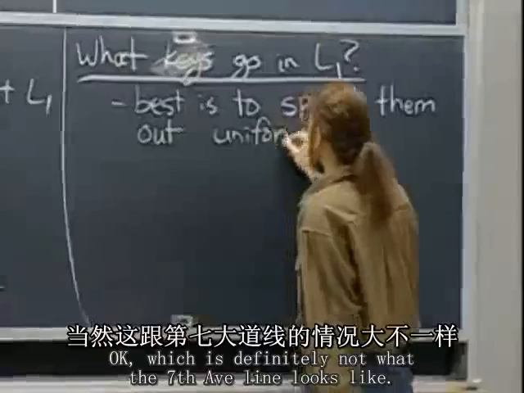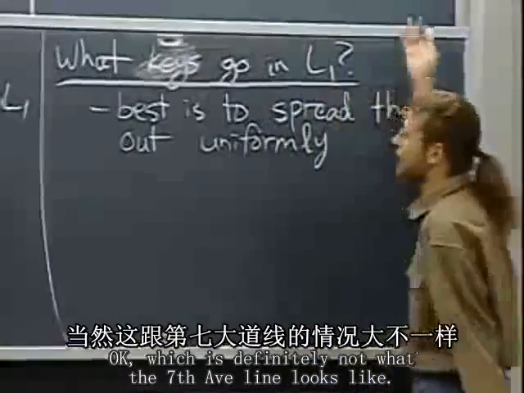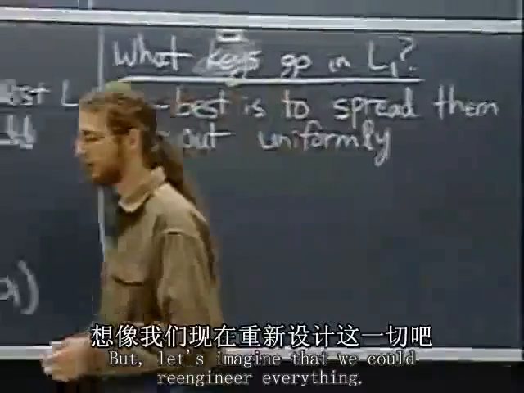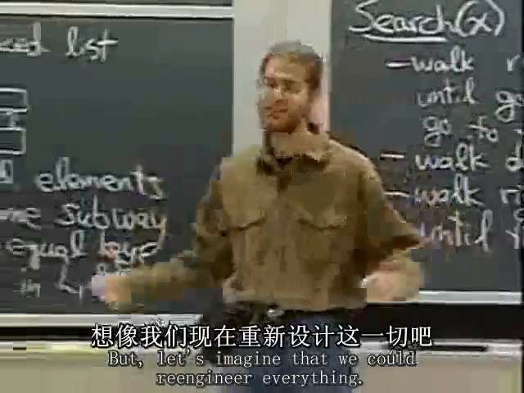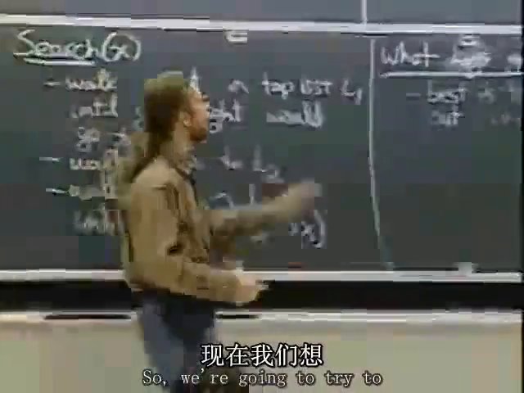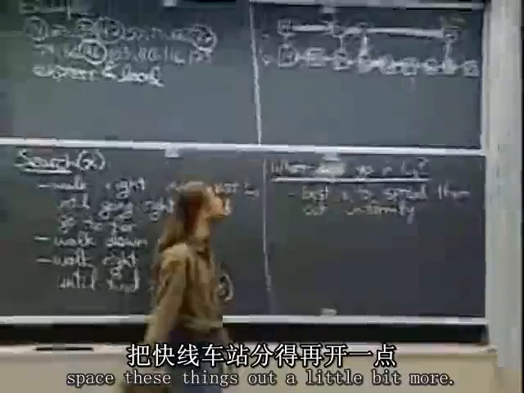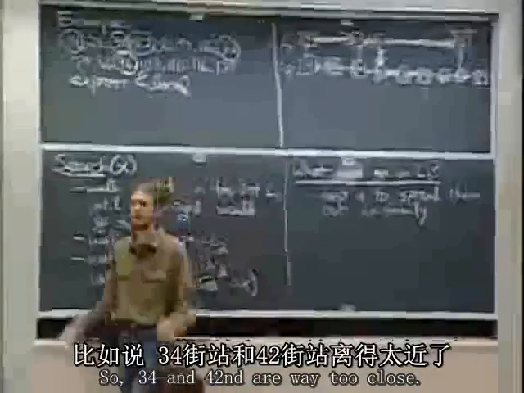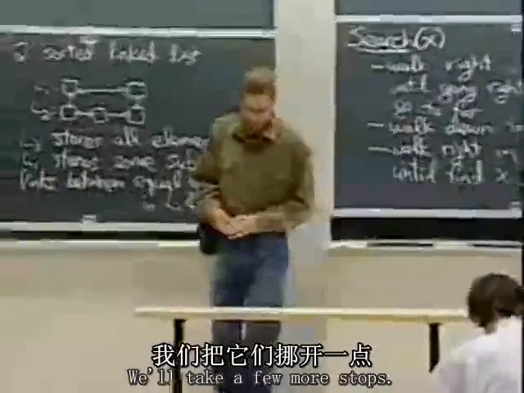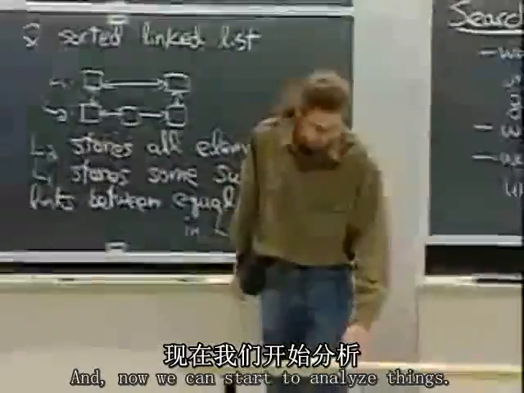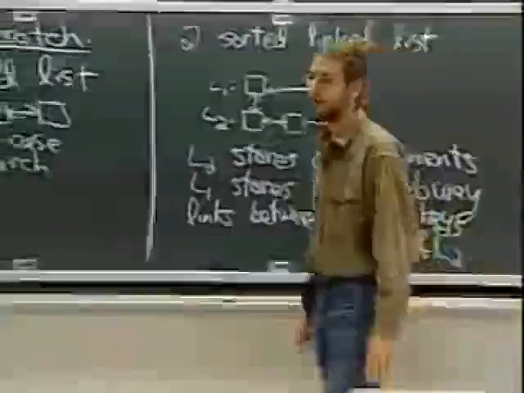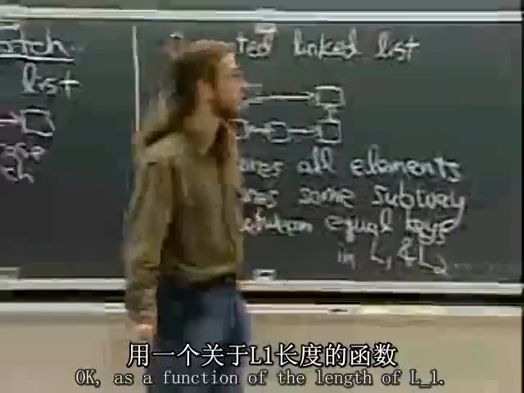Which is definitely not what the 7th Avenue line looks like, but let's imagine we can re-engineer everything. So we're going to try and space these things out a little bit more. 34th and 42nd are way too close. We'll take a few more stops. And now we can start to analyze things as a function of the length of L1.